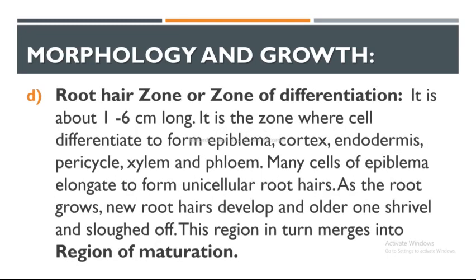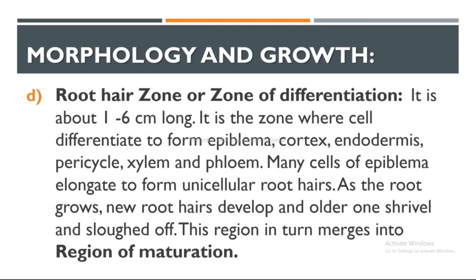So the next region of the root is the root hair zone or zone of differentiation. It is about 1 to 6 centimeter long, and it is the zone where the cells differentiate to form the epiblema, cortex, endodermis, pericycle, xylem, and phloem. Many cells of the epiblema elongate to form unicellular root hairs.